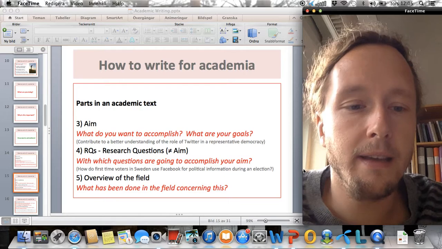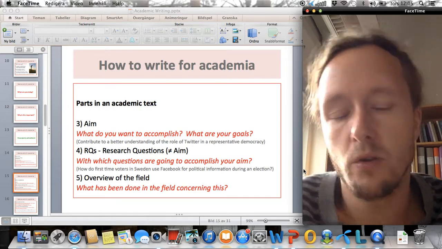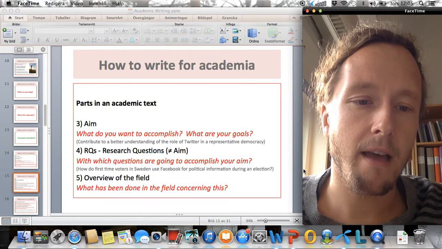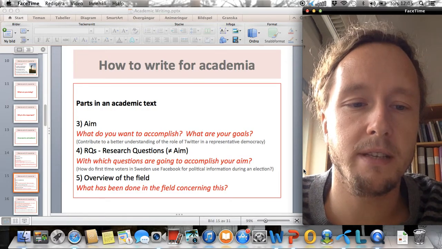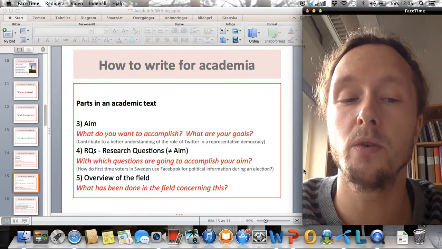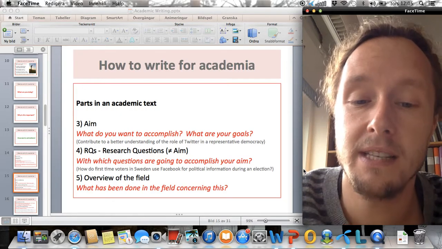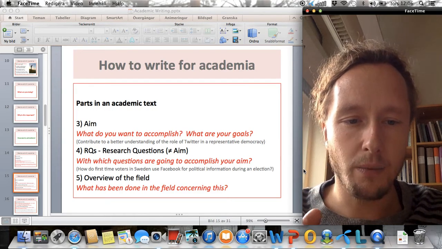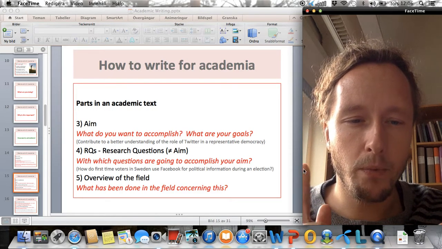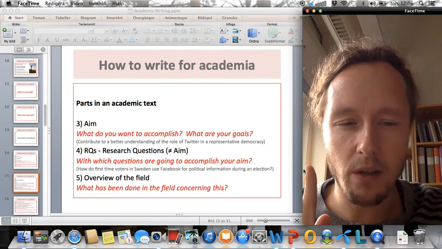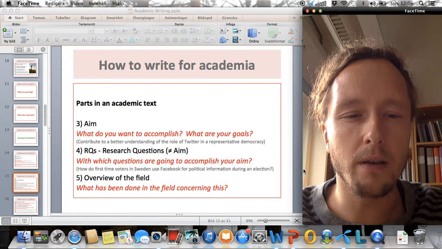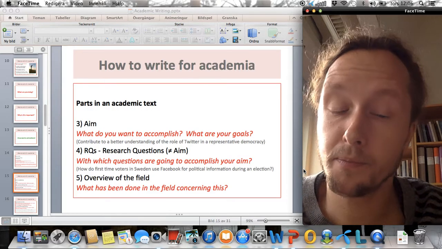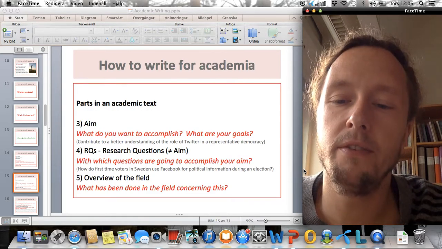Well, arguably in a representative democracy that you are going to discuss, election is perhaps the defining moment in a representative democracy when you elect the representatives. So you can argue for this. So the research question is where you really find these questions that you want to address to discuss the larger aim.